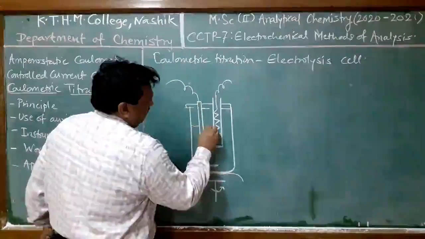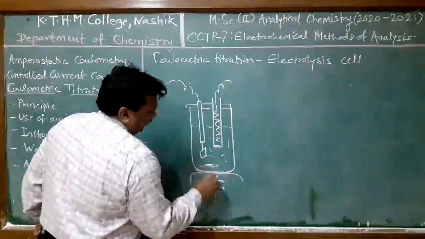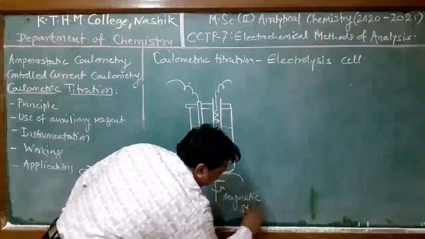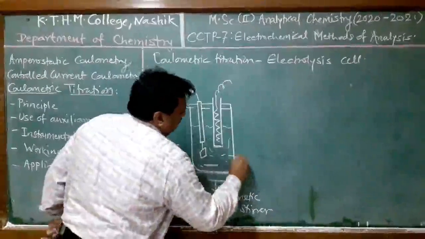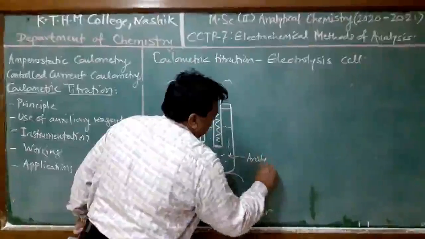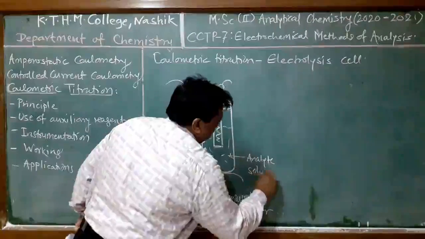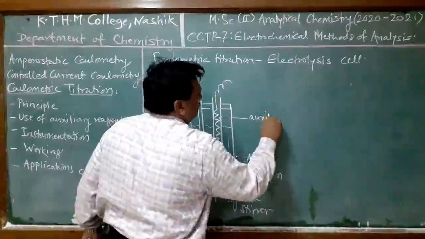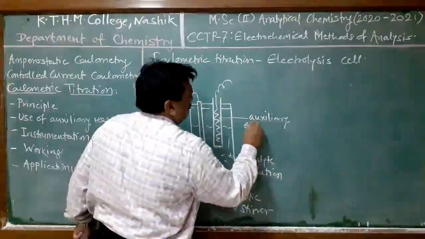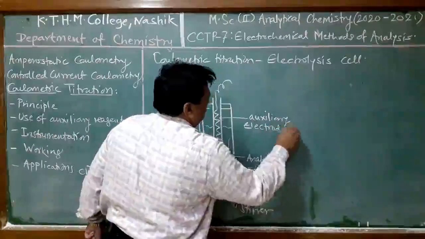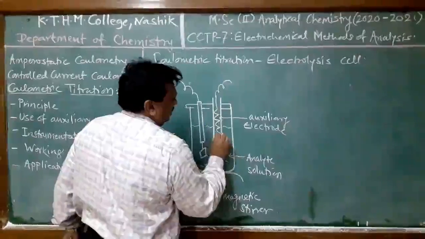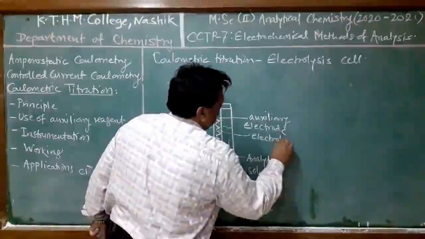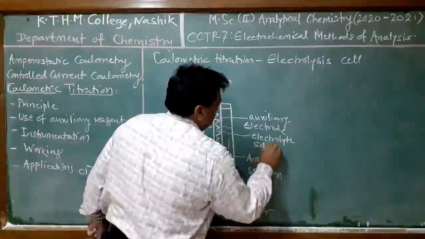Here this is the analyte solution, this is the magnetic stirrer, this is the auxiliary electrode, and here is the electrolyte solution.